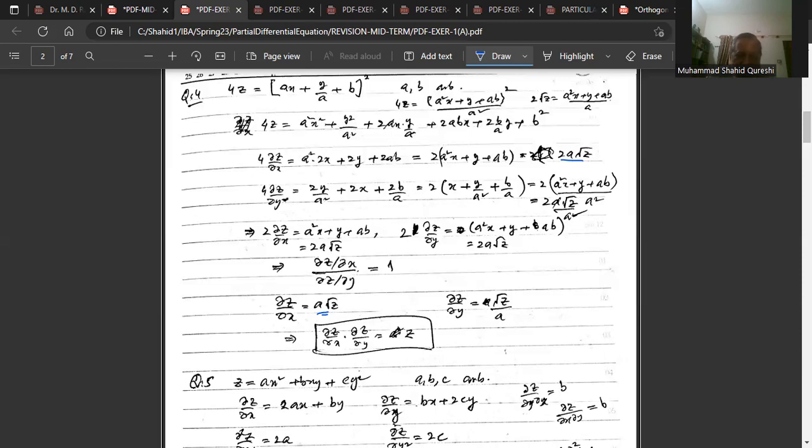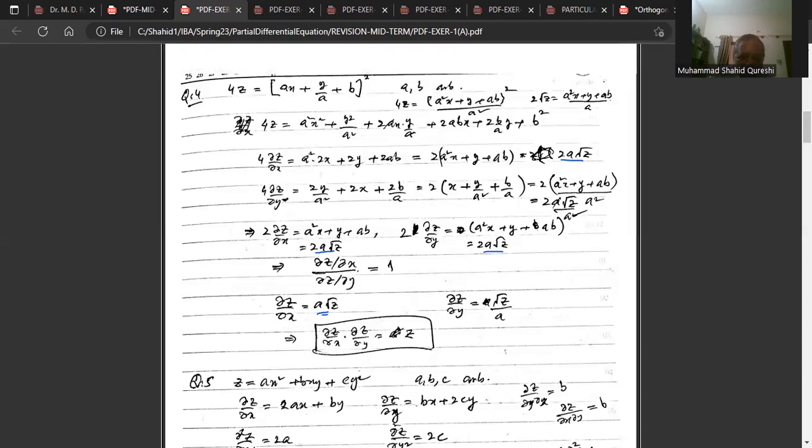So with respect to x, you have this situation. With respect to y, you have a similar situation. That means the partial with respect to x and with respect to y have the same value. So the ratio is 1, and that forms a differential equation. Not simply this is equal to this, but you can also write this as a product.